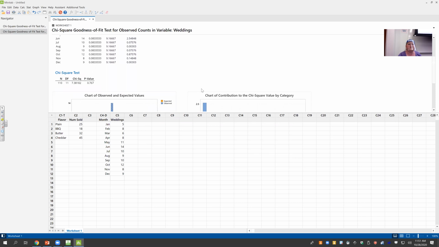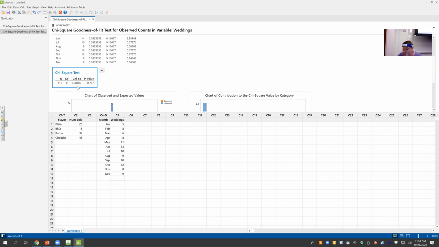Okay, scroll down. Here we have our chi-square, which is 7.38182. For now, I'm just writing down all of the numbers, okay? I do know that on your test, it may ask you to round to 2 places or 3 places.